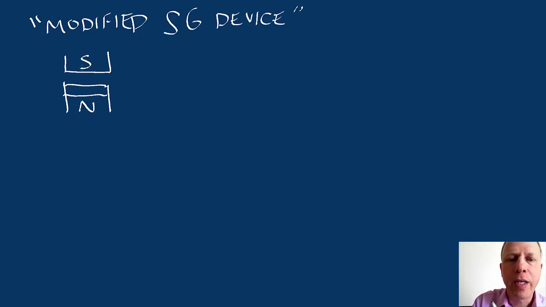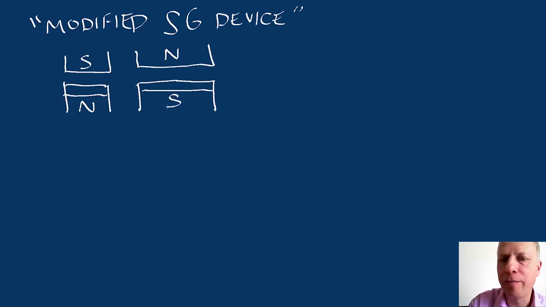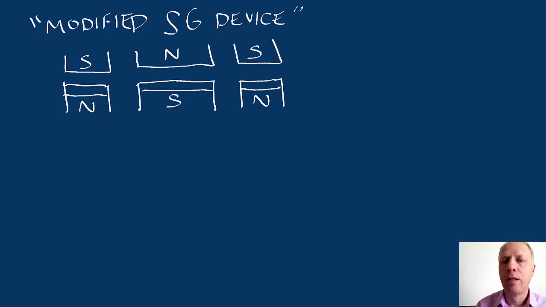Here is an SGZ apparatus just like before, but to make the modified SGZ device, we're going to add further magnets. We're going to add a double length inhomogeneous magnetic field with the opposite direction of magnetic field, and then another single length just like the first one.